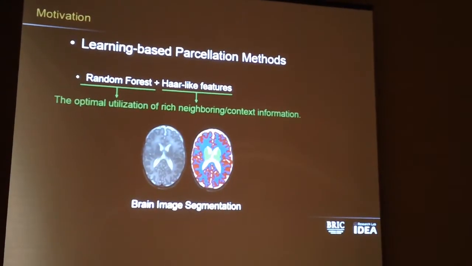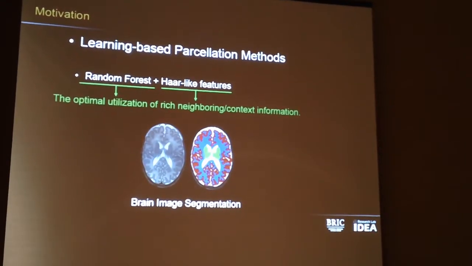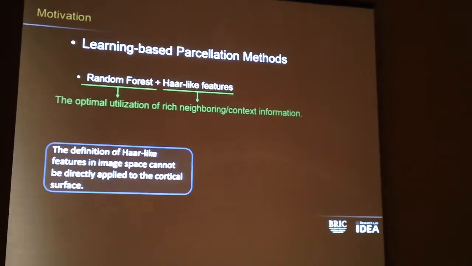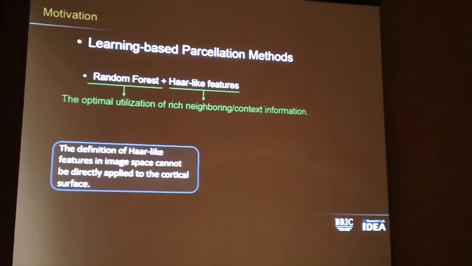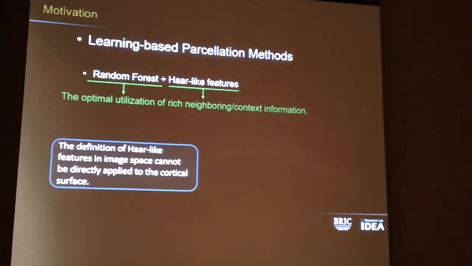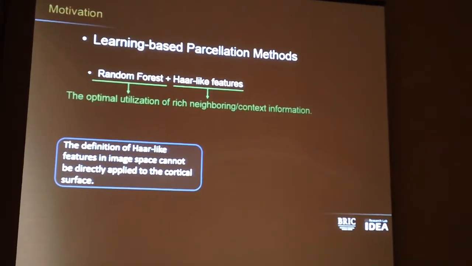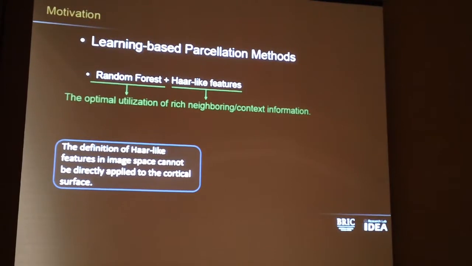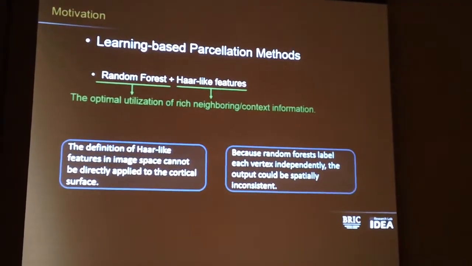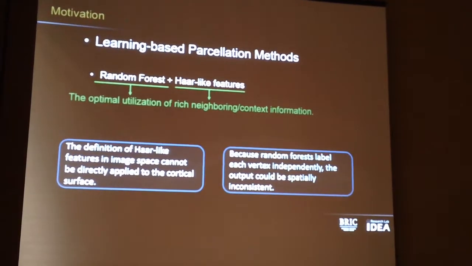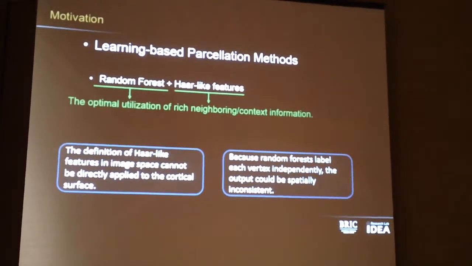So we want to use this technique to do the parcellation, but it is not straightforward, because the definition of Haar-like features in 3D image space cannot be directly applied to the cortical surface, and also because random forest classifies each vertex independently, so the output may not be spatially consistent.